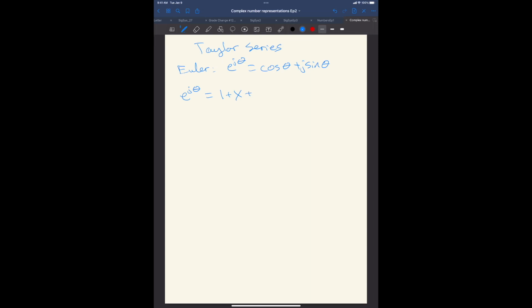Well, so excuse me, let's go back to x is j theta, plus j theta squared over 2 factorial. And let's stop maybe at the third term, which will be j theta cubed over 3 factorial.